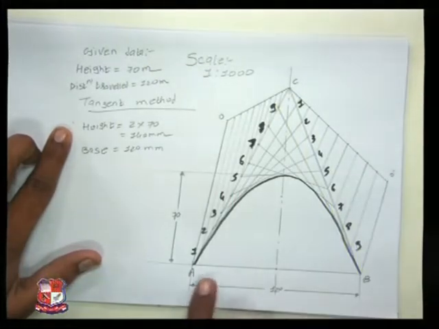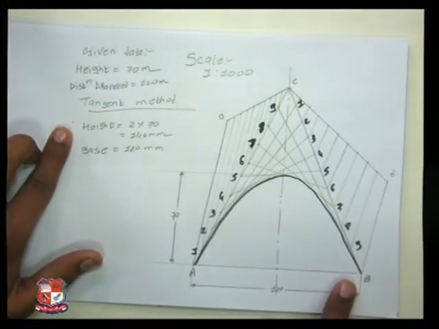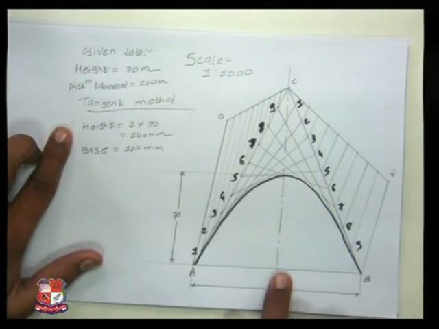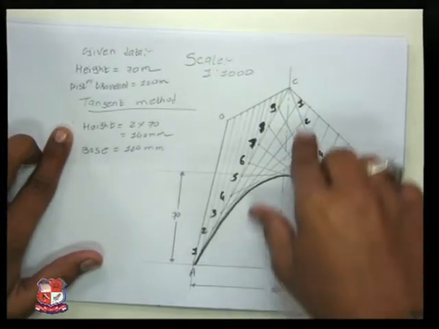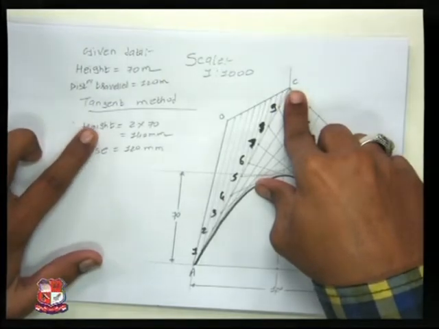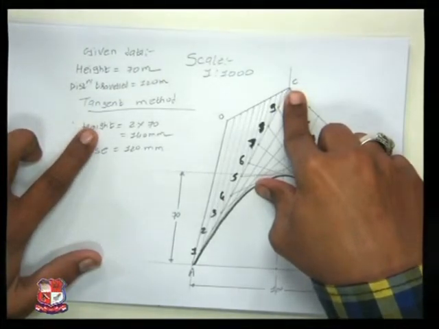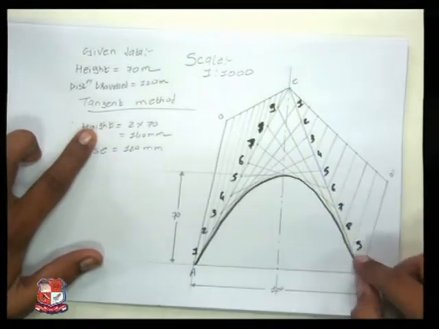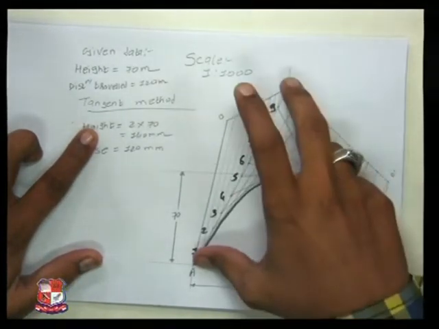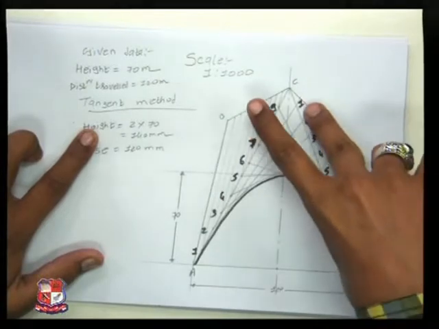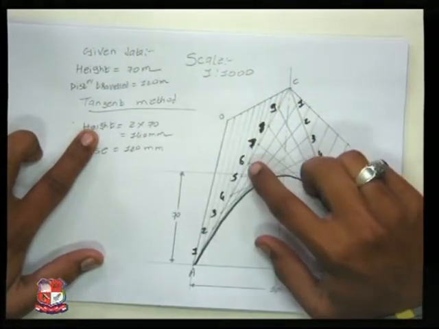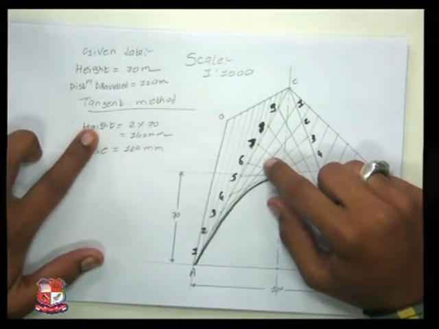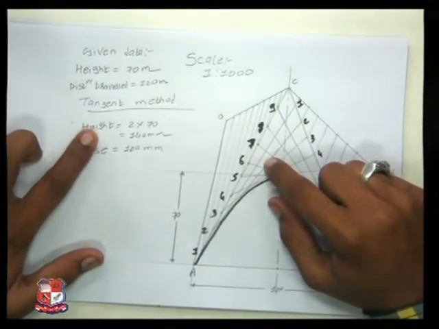Now take the base length as 120 mm and take its midpoint. From the midpoint, mark a point at 140 mm, which is the height. Join AC and BC. Measure AC and measure BC. You will find that its dimension is 155 mm, which is not convenient to divide into 10 equal parts.